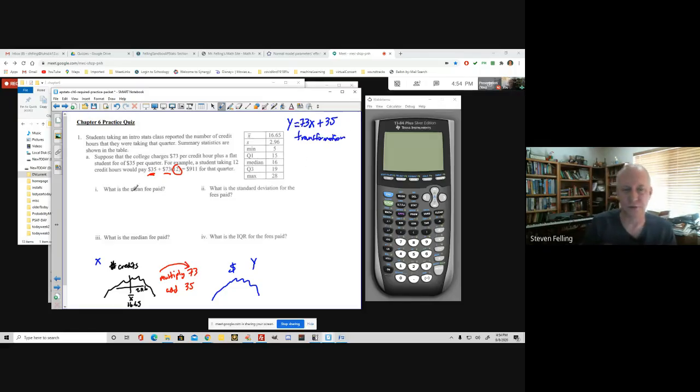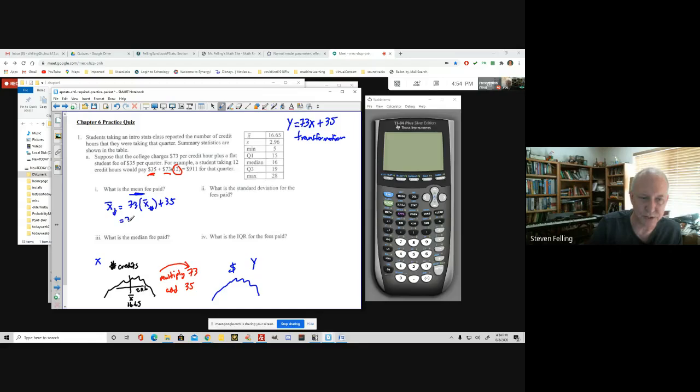All right, so the mean is an individual number that's a measure of center, and that means that it's going to be affected by both the multiply part as well as the shifting part, the plus 35. So the new mean, the mean of the dollars, is going to be 73 times the mean of the number of credits, plus 35.